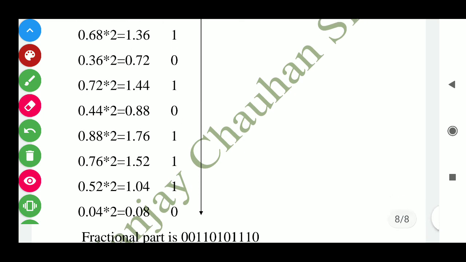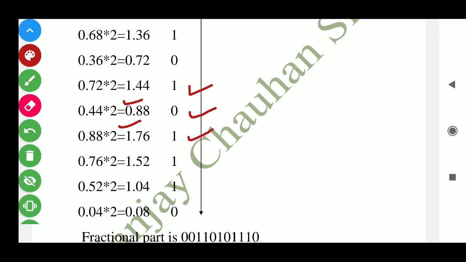Now 0.72 multiplied by 2 is 1.44, so the integer part is 1, write there 1. Then 0.44 into 2 is 0.88, your integer part is 0, write there 0. Then 0.88 into 2 is 1.76, the integral part is 1, so write there 1.